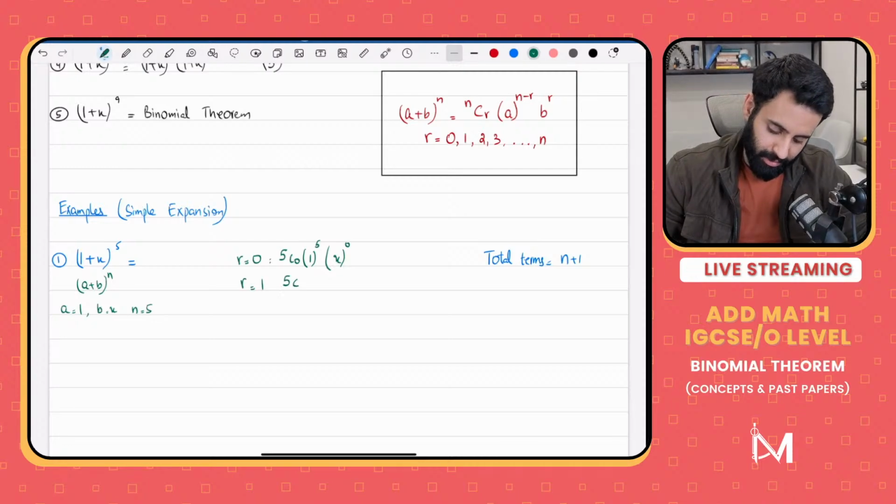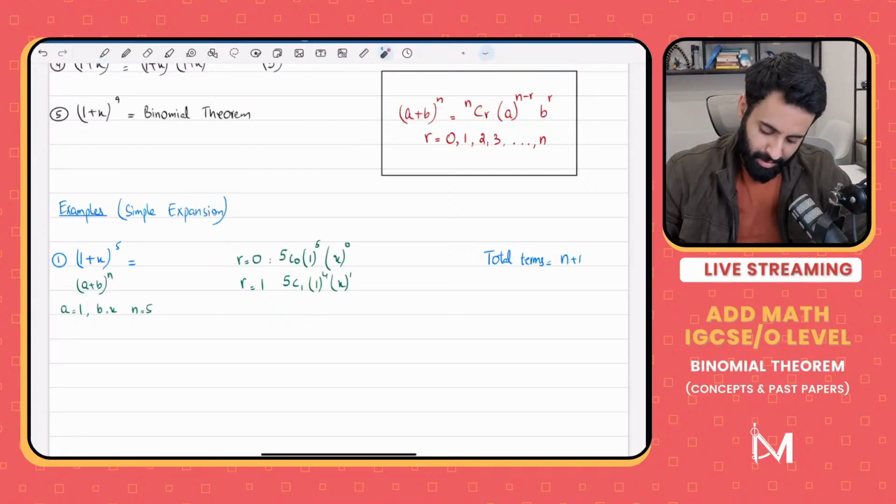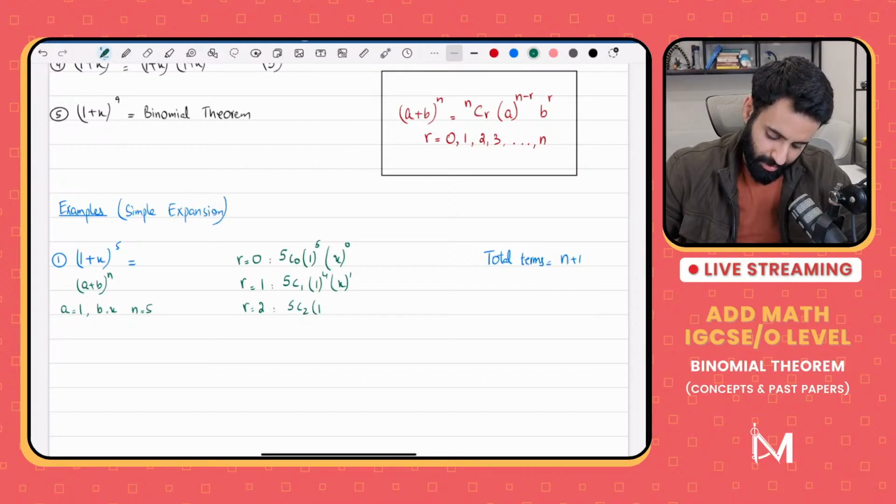Now, next is r equals 1. So for that, it's going to be 5C1, 1 raised to the power of 5, x raised to the power of 1. So remember, the power on a is always n minus r, and the power on b is always the value of r. Then r will be equal to 2. So when r is 2, it's going to be 5C2, 1 raised to the power of 3, x raised to the power of 2, and then r equals 3.